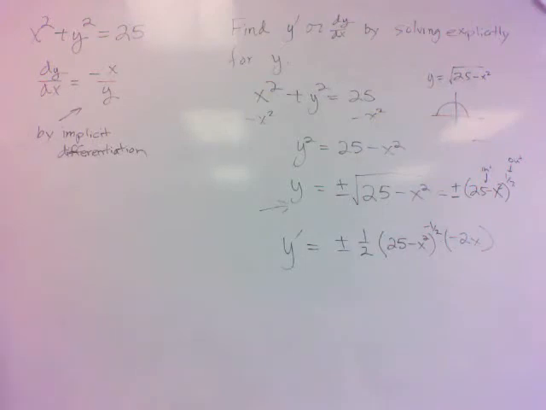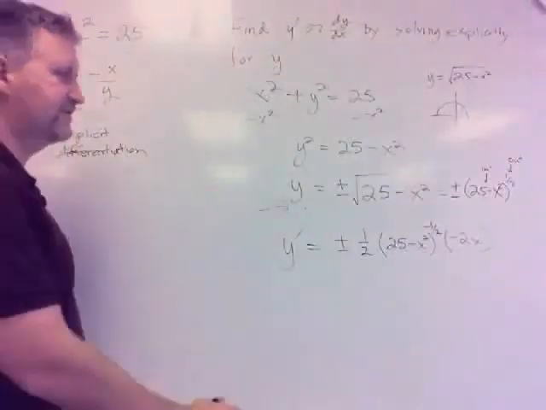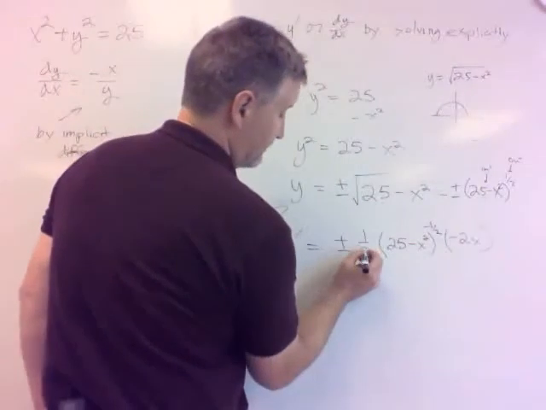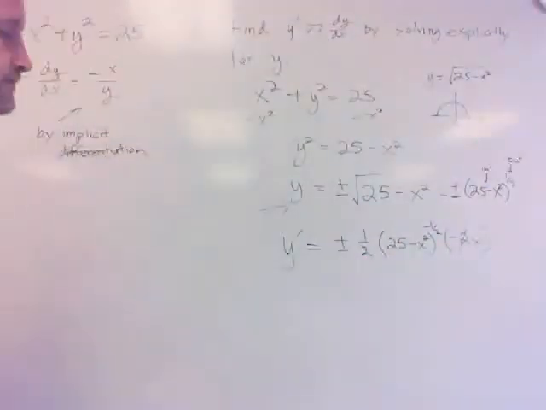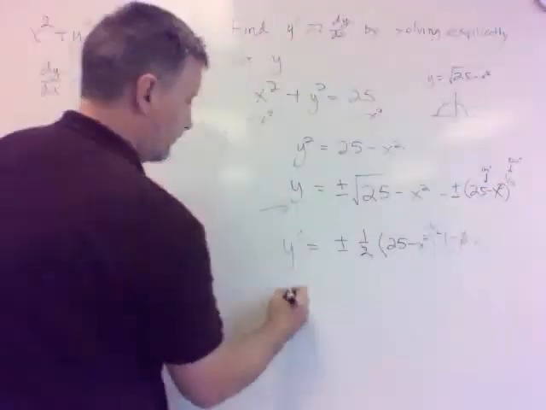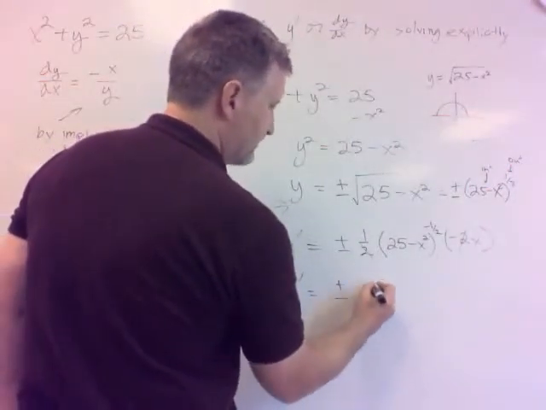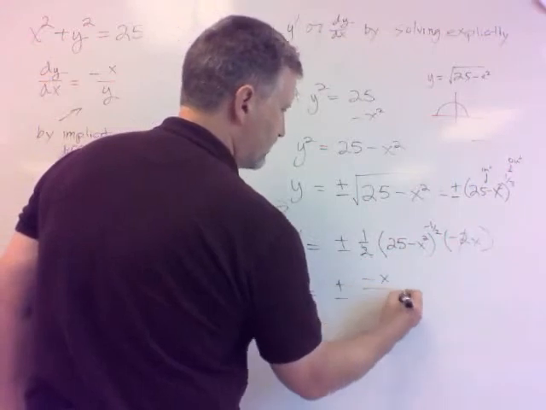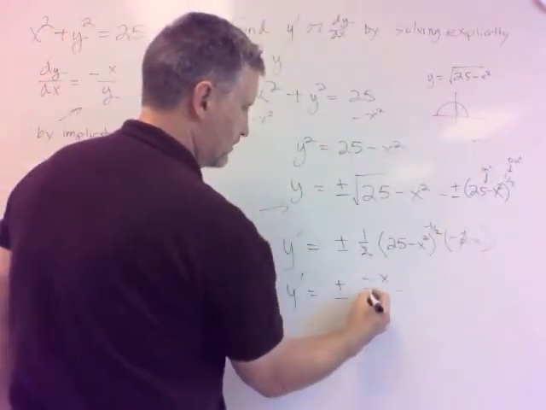You see what happens here? That's the derivative. However, do a little simplifying here. The 1/2, the 2, and then the 2 there are going to cancel. So I'll wind up with plus or minus, and let's say that's negative x over this, the minus 1/2 flips it over, and so the square root goes down there.